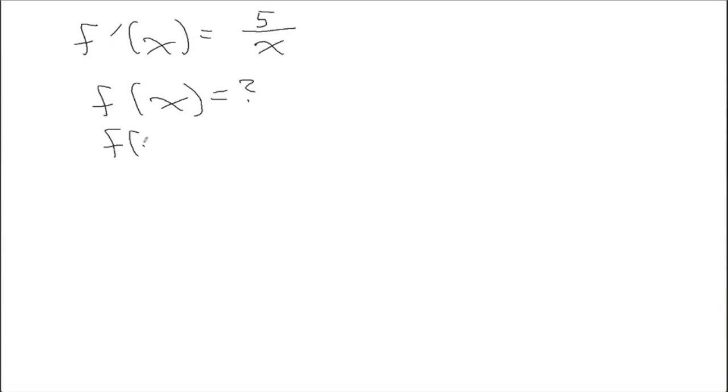Let's try this one. Okay, so f prime of x equals 5 over x. So f of x would be equal to, let's see, the natural log of the absolute value of x times 5 plus c.